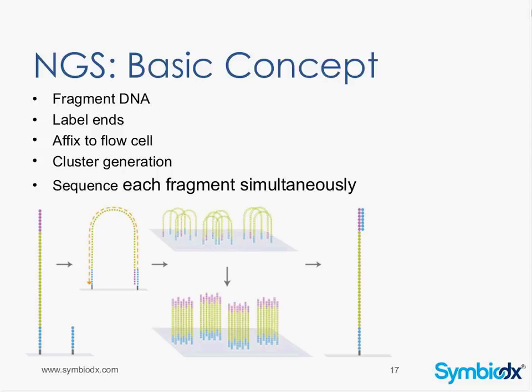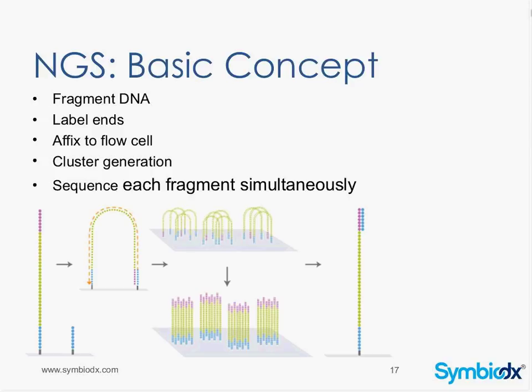The blue piece at this end and the purple piece at this end are called adapters, and they each serve a slightly different purpose. The blue adapter down here on the bottom enables our fragment to affix to the flow cell, and the purple fragment is both a PCR primer and a barcode. So one thing that we can do is label each sample individually with one of these purple primers, and it has an embedded DNA sequence that serves as a barcode.